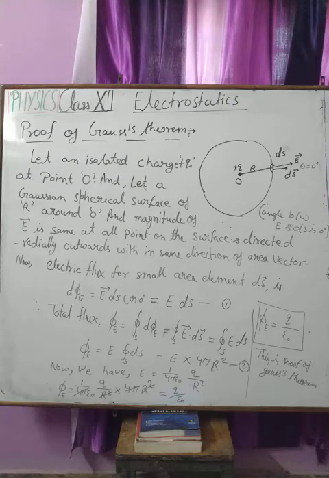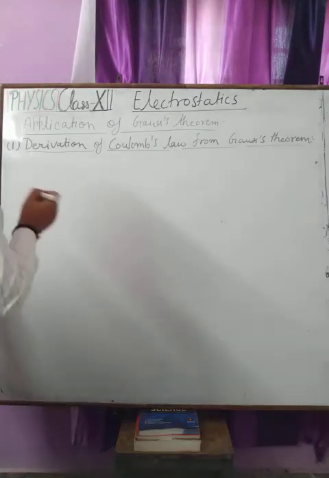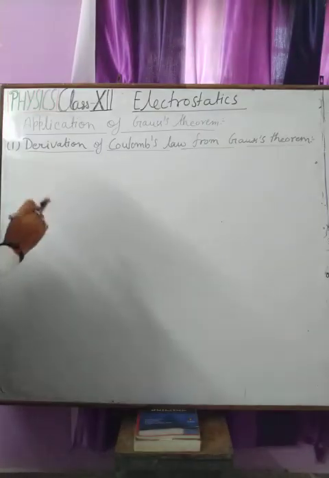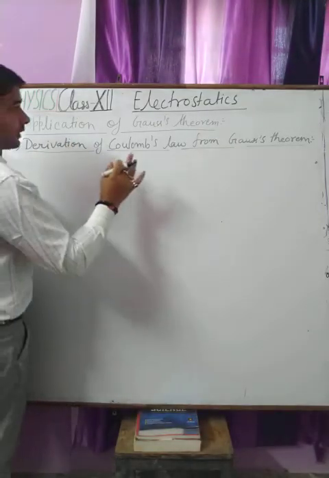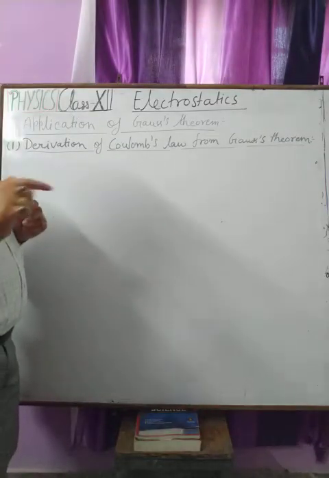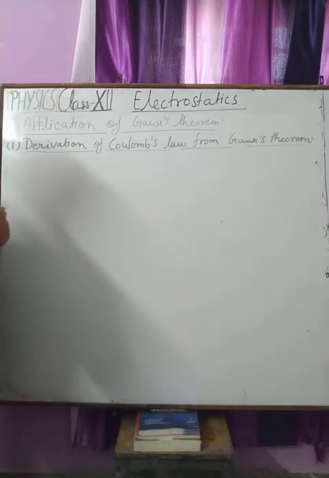Okay, now we are taking some applications of the Gauss theorem. The first application of the Gauss theorem is the derivation of Coulomb's law from Gauss theorem. For proving it, we consider a spherical Gaussian surface around a point charge.